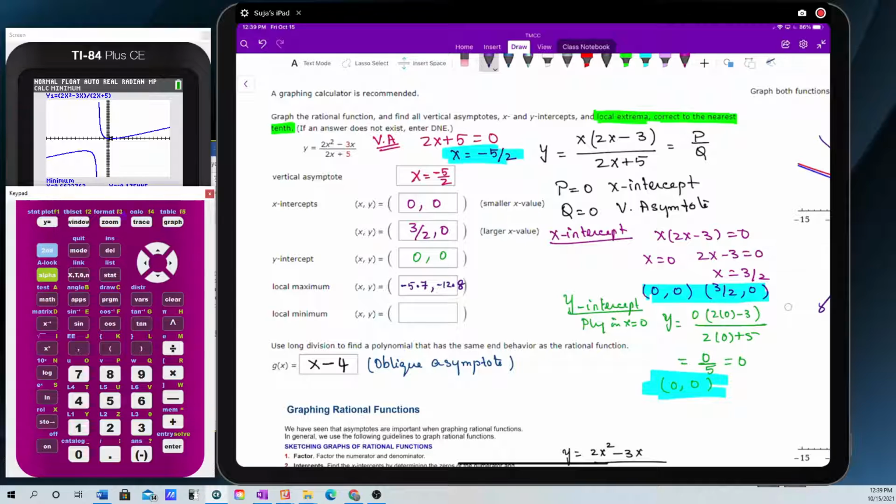It's giving me the minimum value, 0.7 comma negative 0.2.